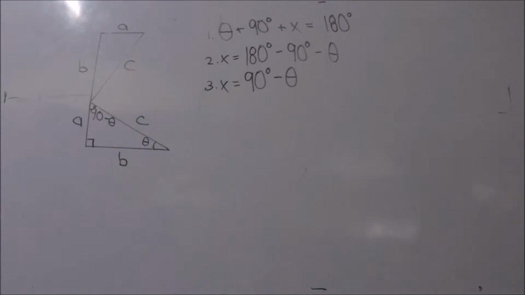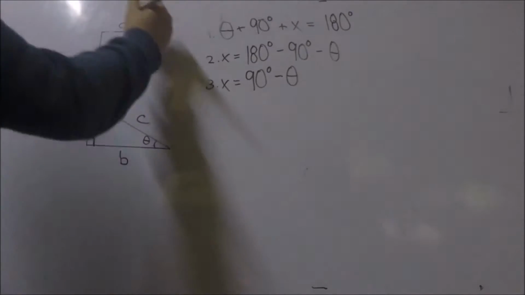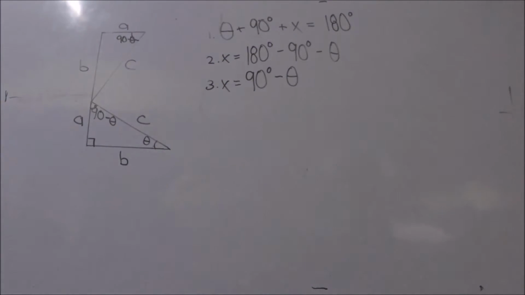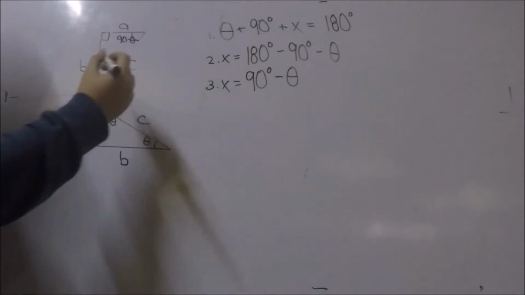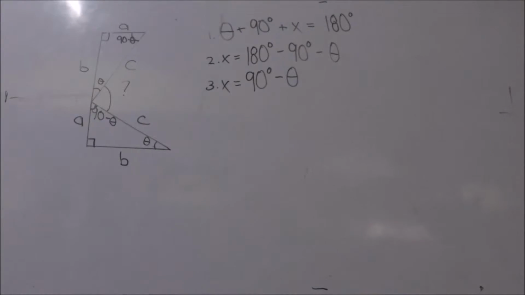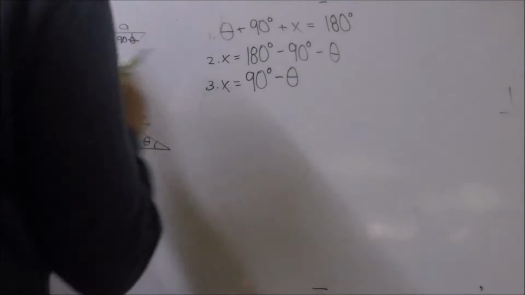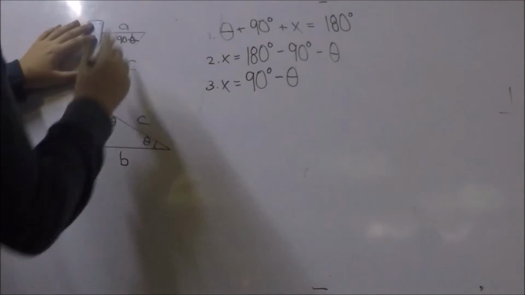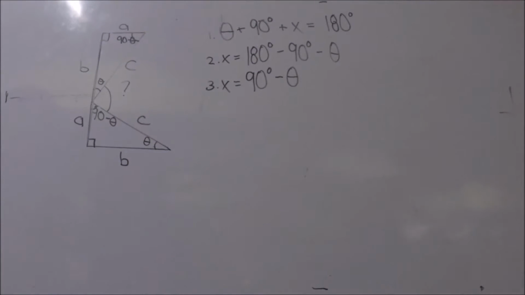Since we constructed the other triangle to be congruent, they have the same angles. As you can see, this actually technically makes 180 degrees. So for now, we will name this angle question mark.